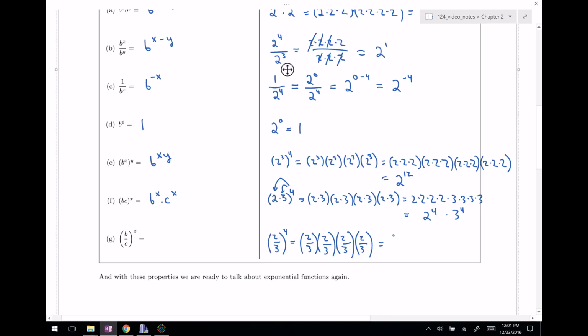I would multiply all the numerators together, and I would multiply all the denominators together. So this becomes 2 to the 4th over 3 to the 4th, right? So this is just saying, right, I can again distribute this raising to the 4th power to both the numerator and the denominator. So this is going to be b to the x over c to the x. Okay, so again, pretty logical, all things considered.